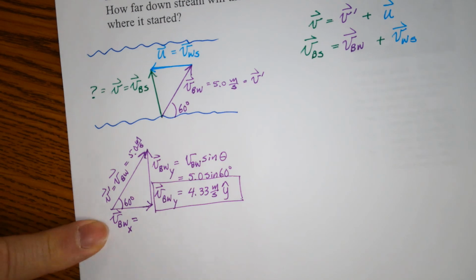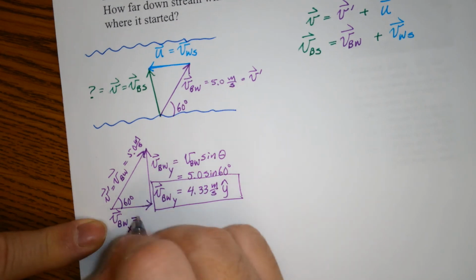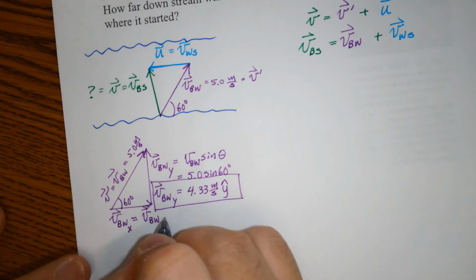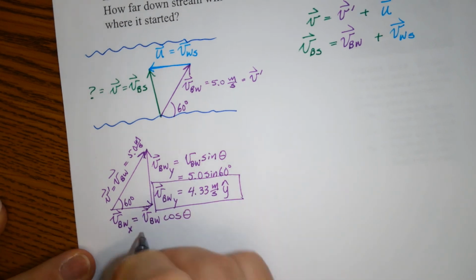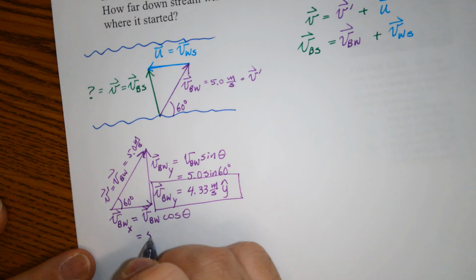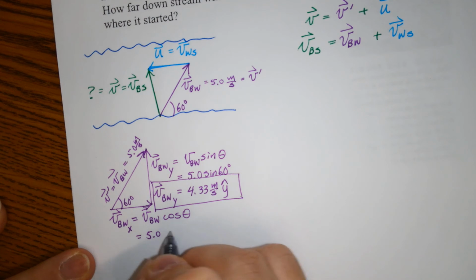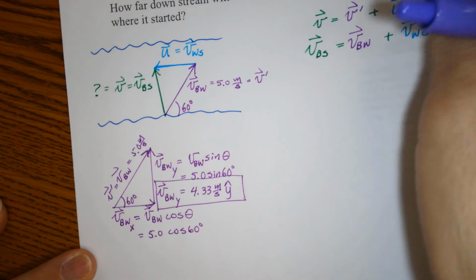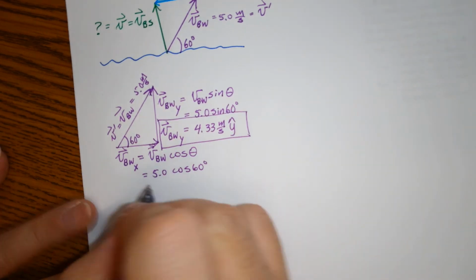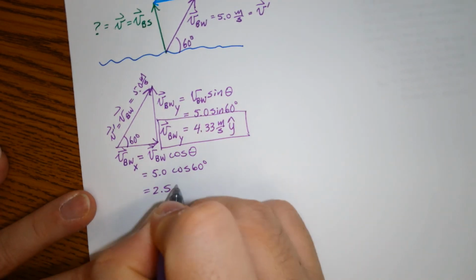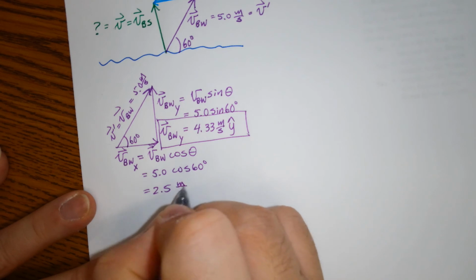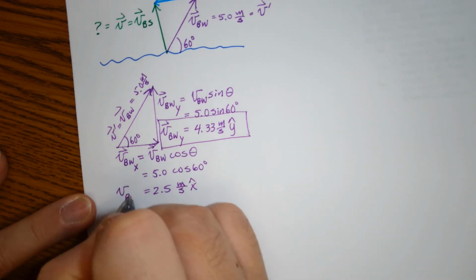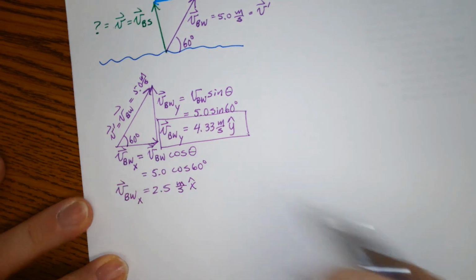Similarly, if you're looking at the horizontal component, which is VBW cosine of theta, that is equal to 5.0 times cosine of 60 degrees, and cosine of 60 is 1/2, and half of 5 is 2.5 meters per second x hat, and that's my VBW sub x.